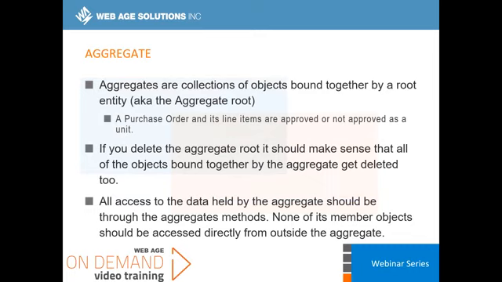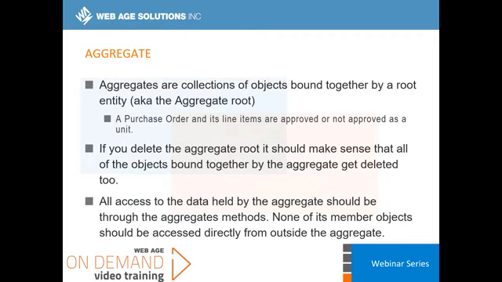Each of the aggregates within a bounded context provides a set of methods that is public and accessible and provides services or seeks services from others. And just like in a good object-oriented design, none of the members should be accessed directly from outside the aggregate. You want to maintain the state of the aggregate by accessing everything through the methods or the operations of the aggregate.